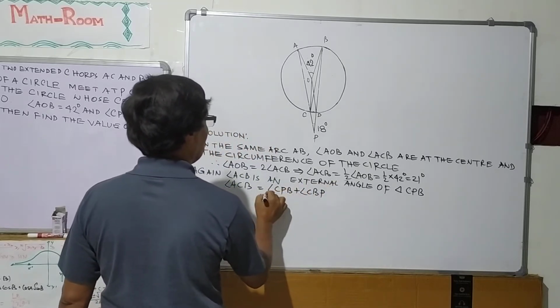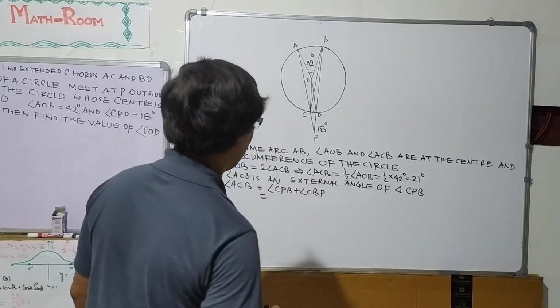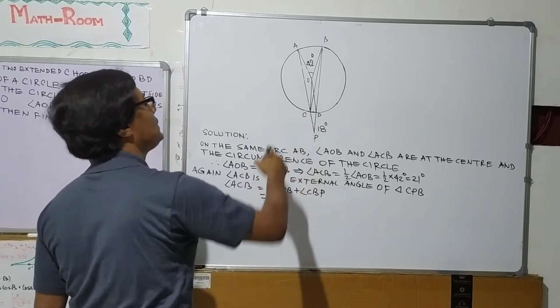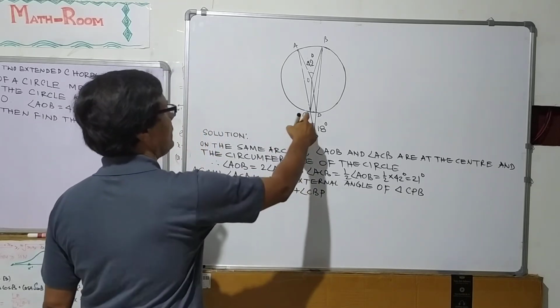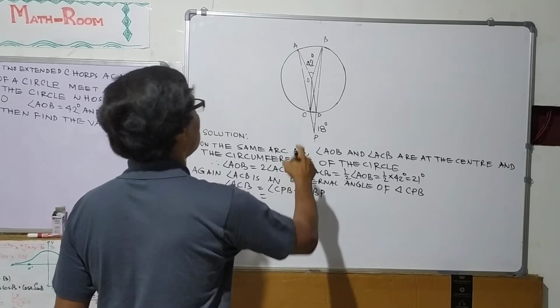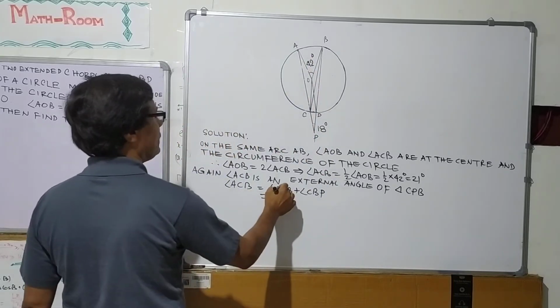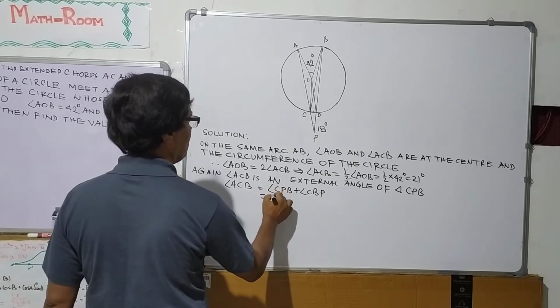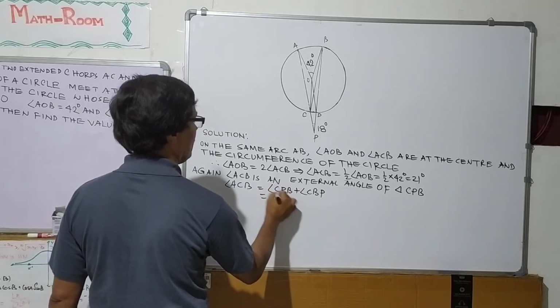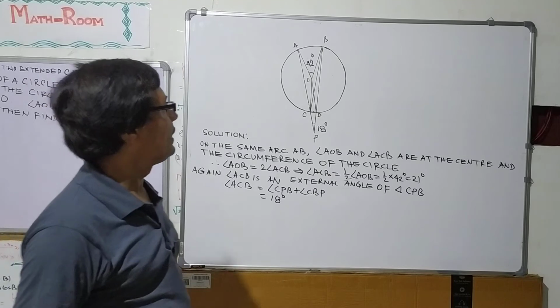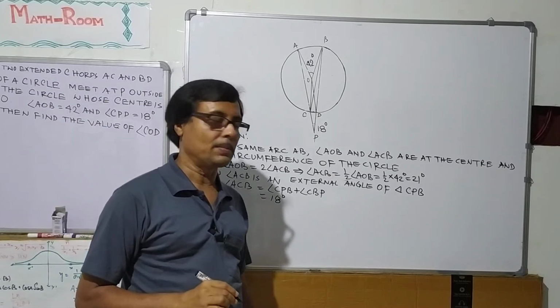Also, angle CPB is given as 18 degrees, because CPD is 18 degrees, and CPD and CPB are the same angle.